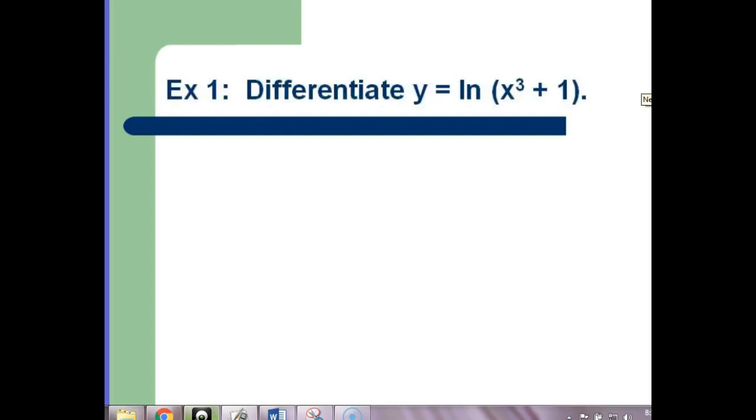Differentiate y equals the natural log of x cubed plus 1. What's the u value? What's u prime?